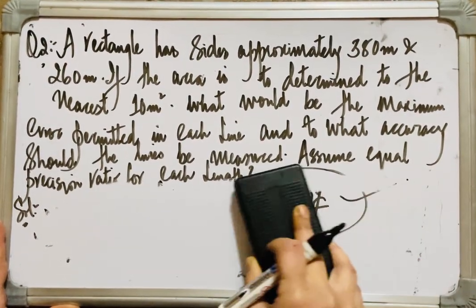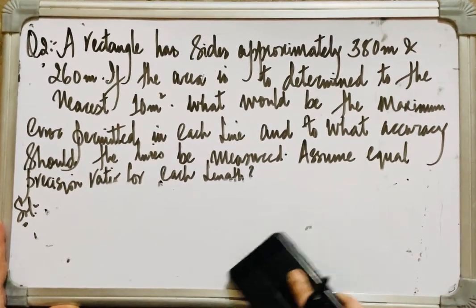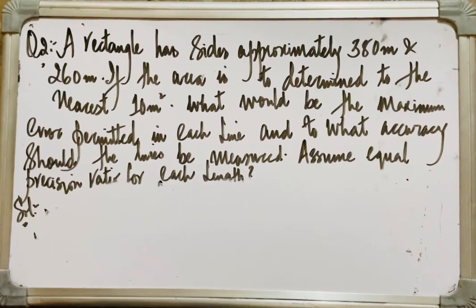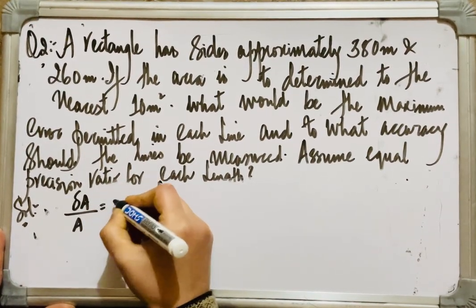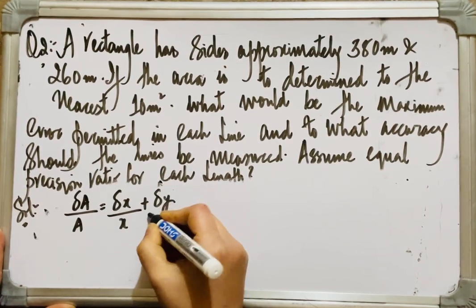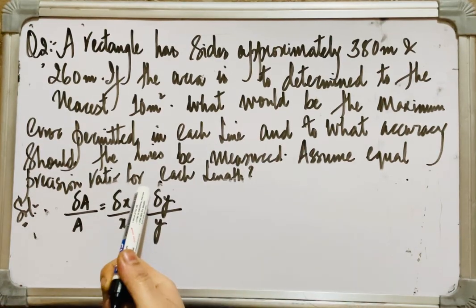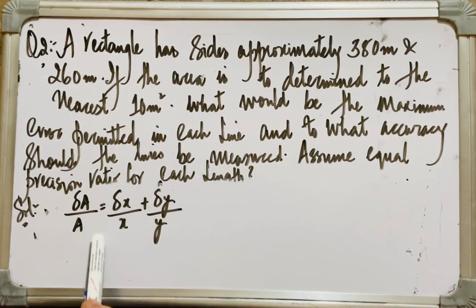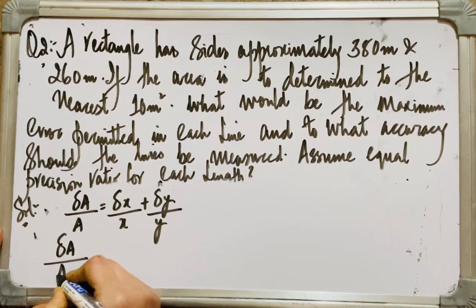I have taken my one side as x and the other side as y. Precision ratio in area is equal to, but since we have been told that we have to assume equal precision ratio for each length, that means this quantity and this quantity are equal to each other. Then I may write it down as this.